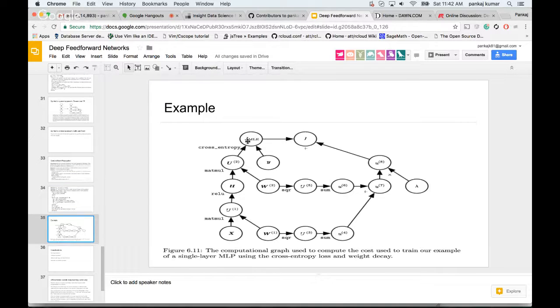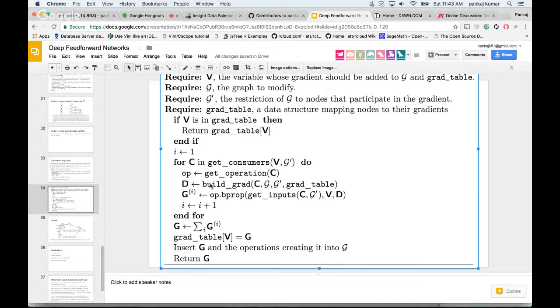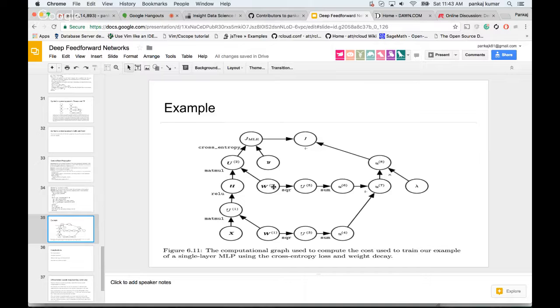For example, if we are asked to differentiate with respect to W2, it will recursively call the differentiation of U5. It will make sure that U5's gradient is already computed by recursively calling build_grad on each of its consumers. U5 is a consumer of W2.